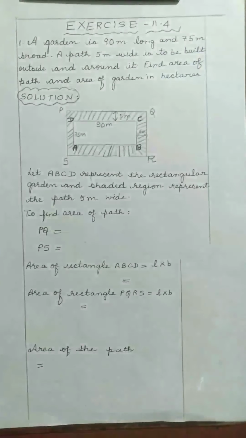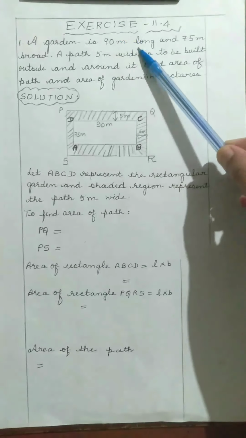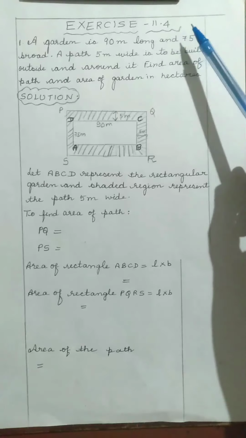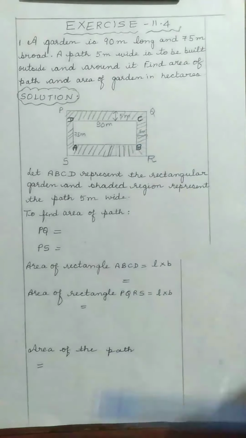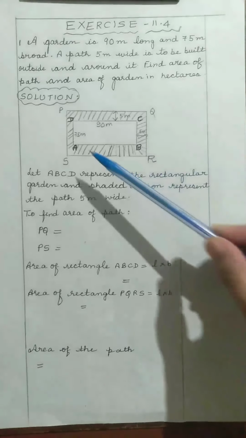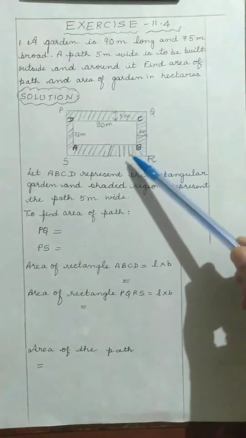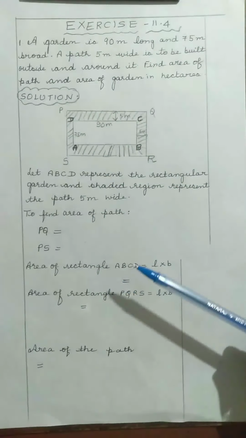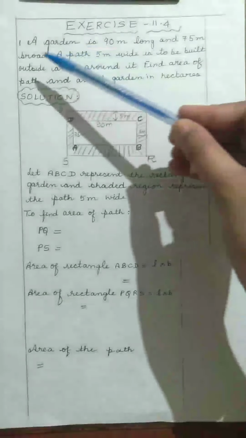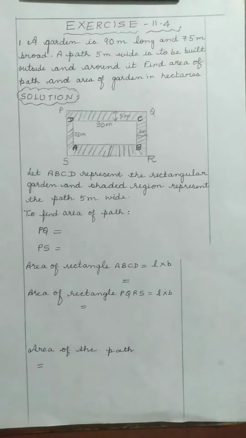And the first problem of this exercise is: a garden is 90-meter long and 75-meter broad. Therefore, in the figure you can observe, children, ABCD represents the rectangular garden of length 90 meter and breadth, that is equal to 75 meter.